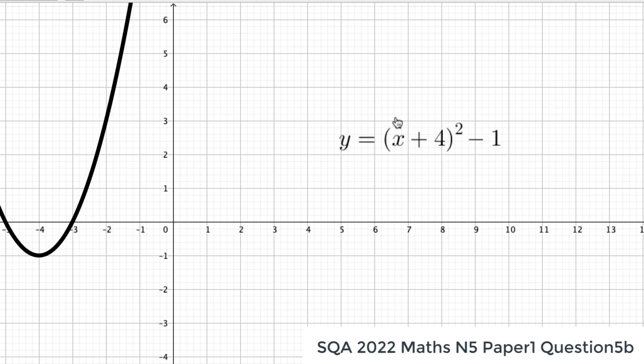Now you'll see when x is negative 4, the squared term is at its minimum of 0, and because of this minus 1 at the end, we've reduced the height by 1, so it's now down at a height of negative 1. So this turning point on the graph is negative 4, negative 1.